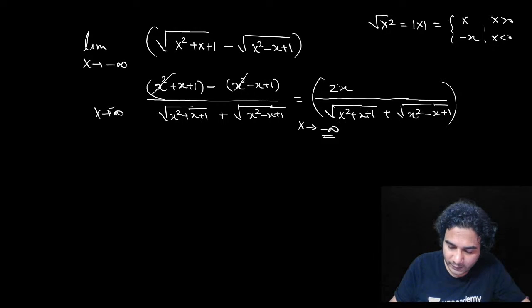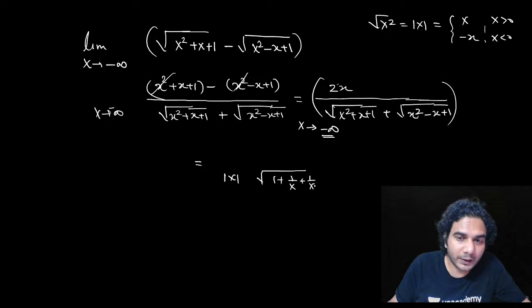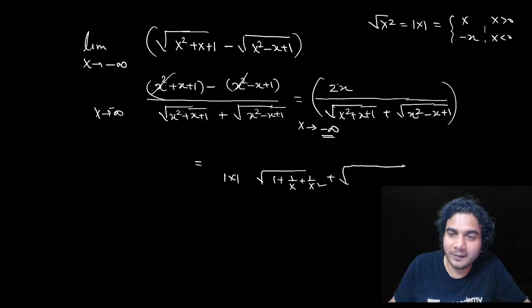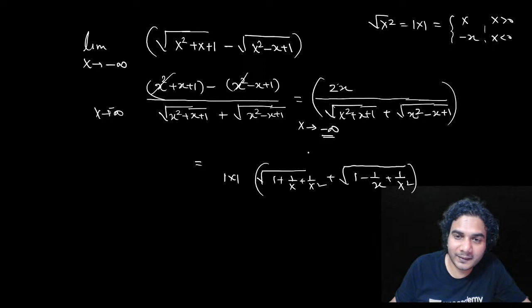After taking x square common, mod of x will come out, and under root of it will be 1 plus 1 upon x plus 1 upon x square. In the previous question I hadn't mentioned this, so that's why you made this error. Now because x is minus infinity, you'll have to take mod of x common, otherwise it will go wrong.